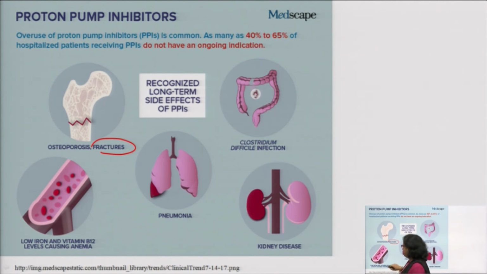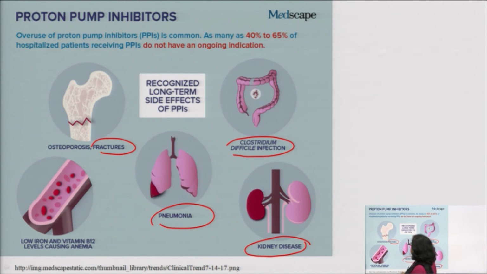Low iron, vitamin B deficiency will cause anemia, pneumonia, infection and kidney disease. These are the recognized long term side effects of proton pump inhibitors. You see, these are the dangerous side effects if we are taking proton pump inhibitors long term.